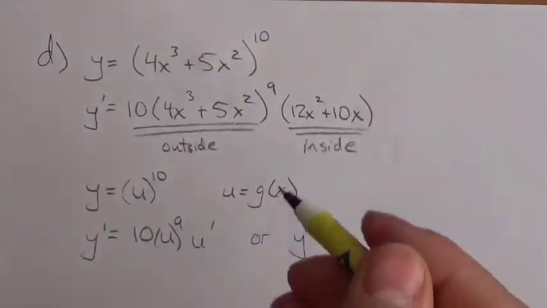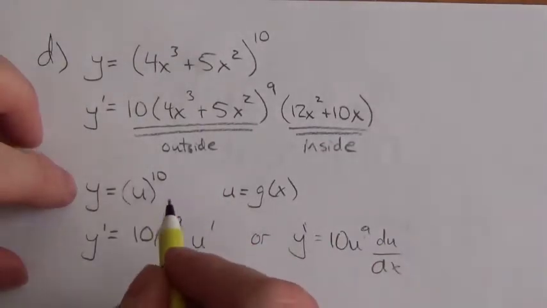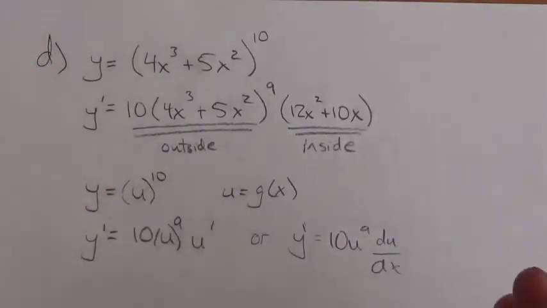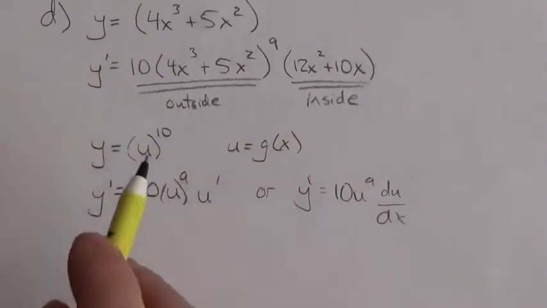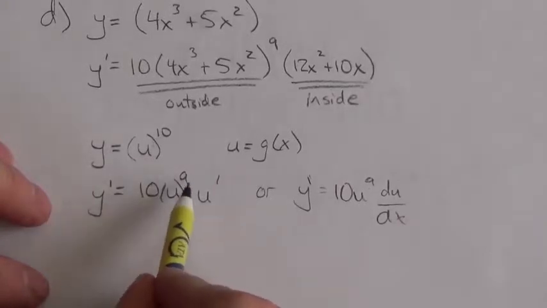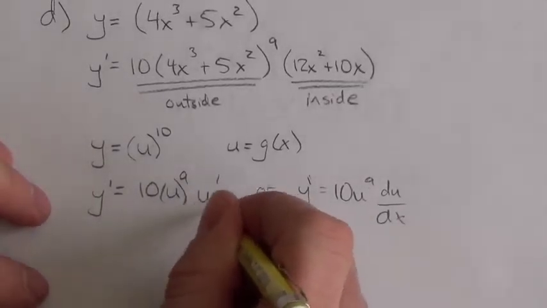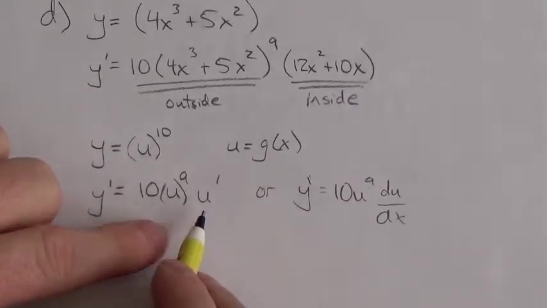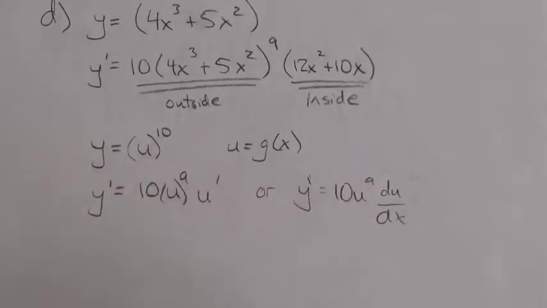The question then becomes, well, what happens when you have a symbol that represents a function? It's the inner function here, but I don't know what it is. Well, all I know is that when I take the derivative, I would take the derivative of the outside, and then I would multiply by the derivative of that inner function. That's that u prime right there, and you need to always include that.